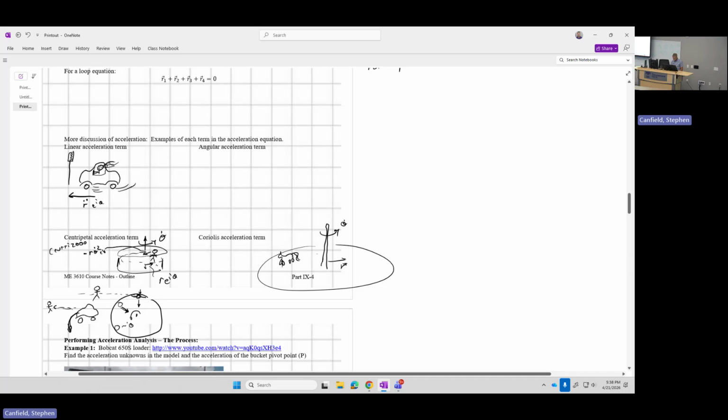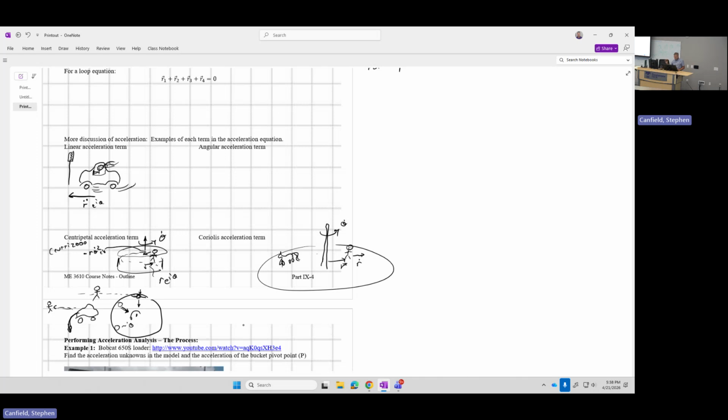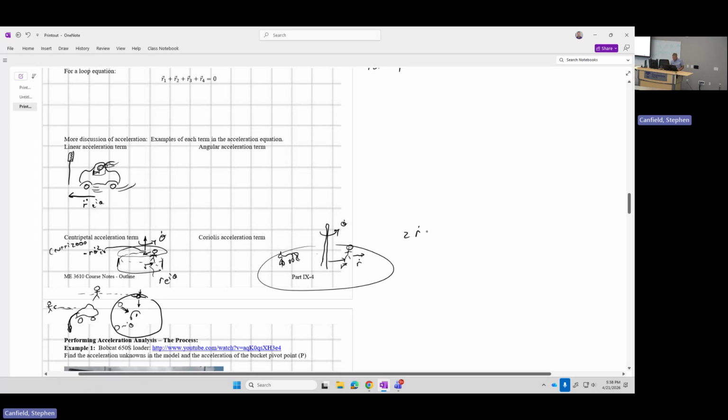So you're here, there's your R, and you see somebody, you want to look real cool and walk past them. So you're going to decide to walk outward, R dot. So we said that this term is 2 R dot theta dot i e to the i theta. Okay, so there's your theta. Here's theta plus 90. So this says that you are going to feel an acceleration in this direction.